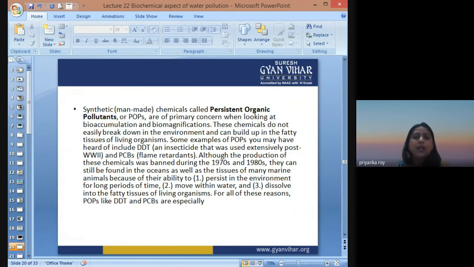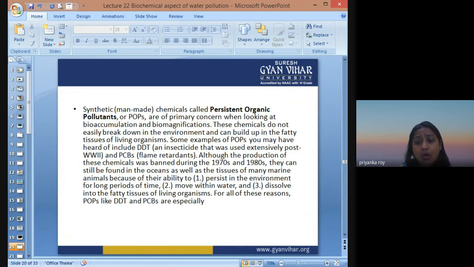Although some products have been banned, like DDT, which was banned during the 70s and 80s, they can still be found in the ocean as well as in the tissues of many marine animals, because of their ability to persist in the environment for a very long period of time, move within the water, and dissolve into fatty tissues of living organisms.